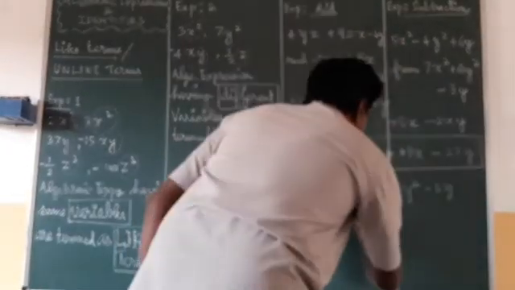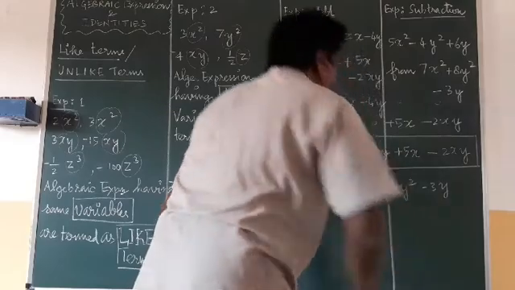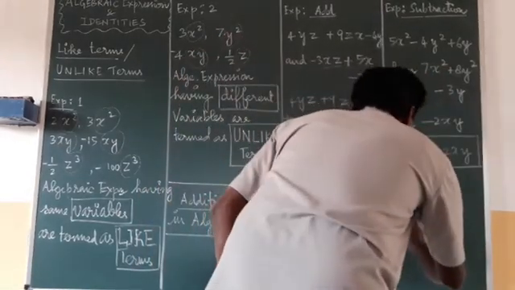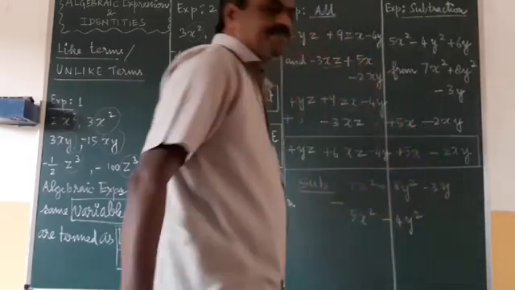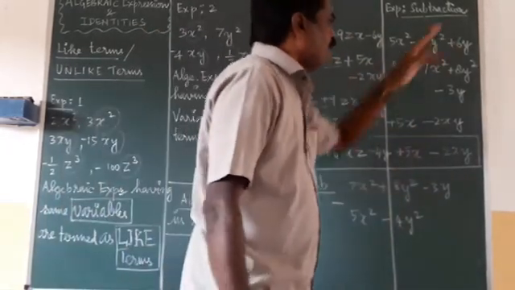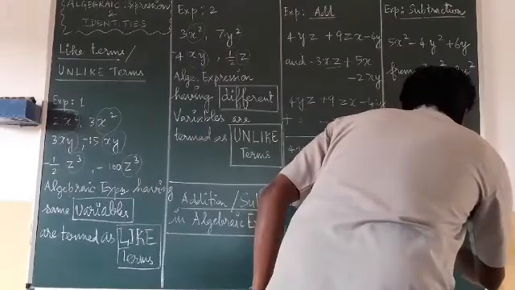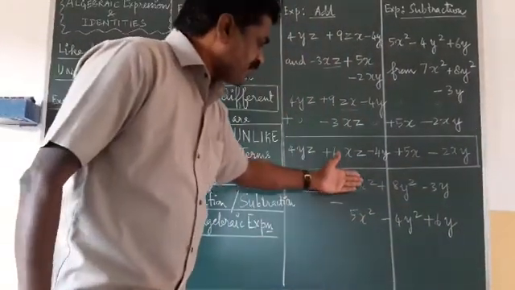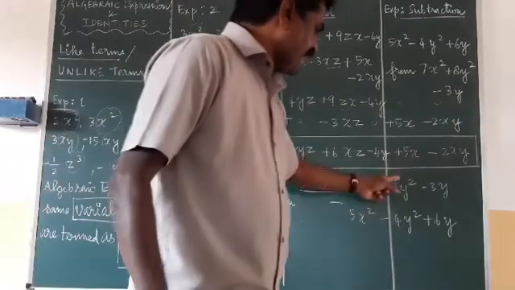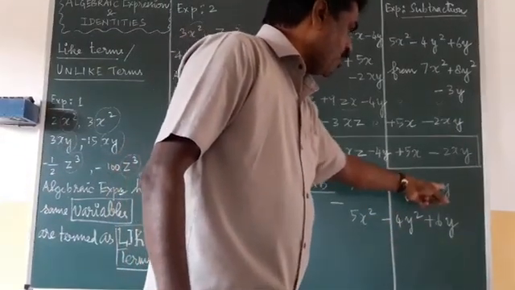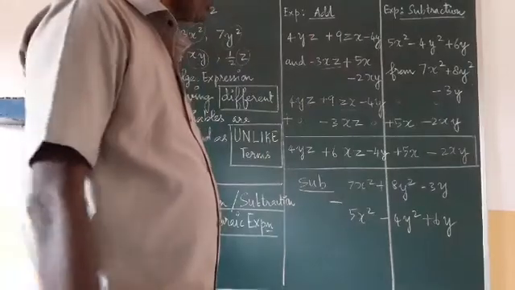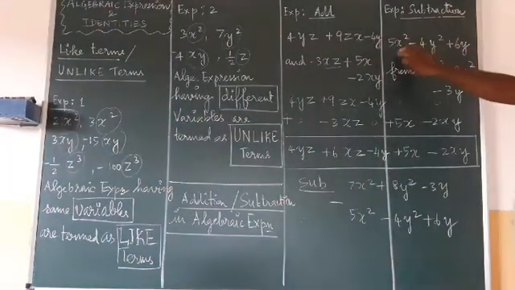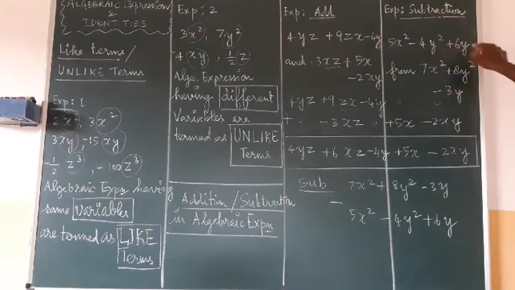Under the x square term I am writing 5x square, and minus 4y square I am writing, and plus 6y under the y term I am writing. See, x square term written, y square term I have written, y and y I have written according to the given expression. What is given here?